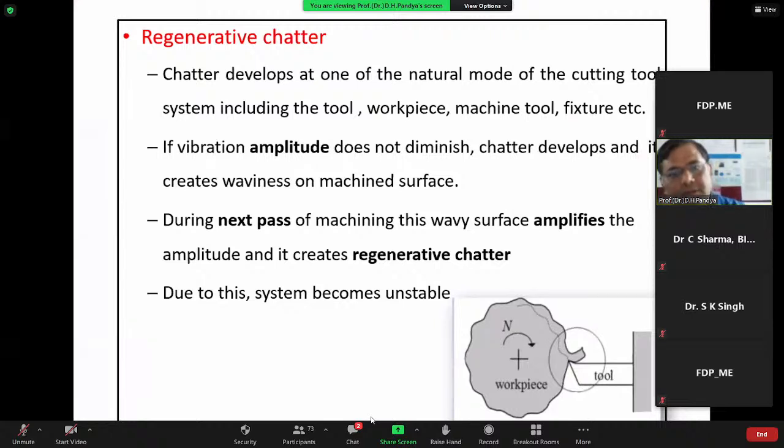During the next pass of machining, these wavy surfaces amplify the amplitude and create regenerative chatter, and ultimately it makes the system unstable.